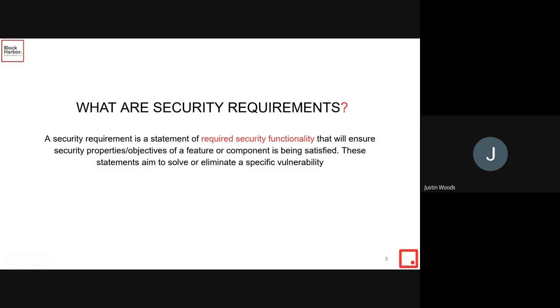And then we say, okay, let's make sure that those attacks aren't possible, or at least are way too difficult to make sense for anybody to try and do. To get to the step of telling people how to protect against these, we need to now create these requirements that will eliminate or solve those specific vulnerabilities.